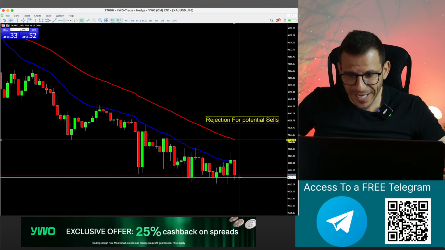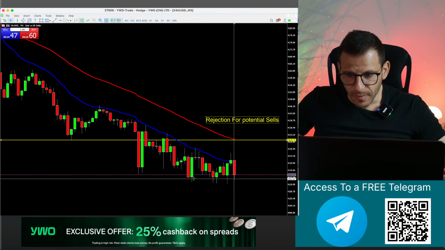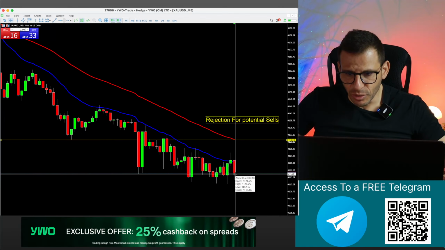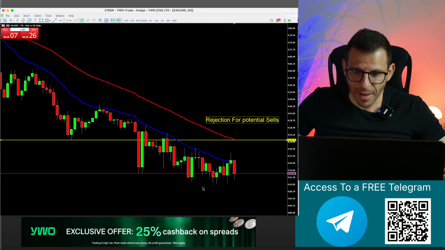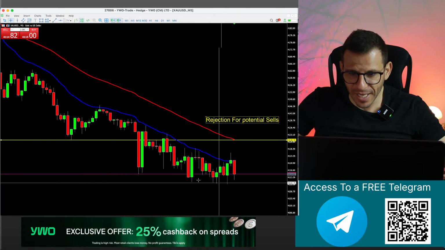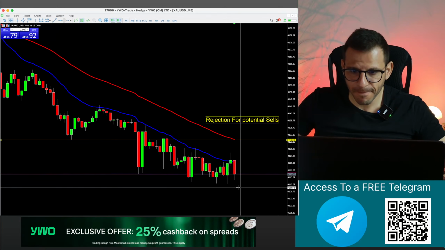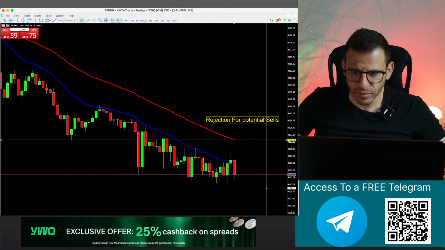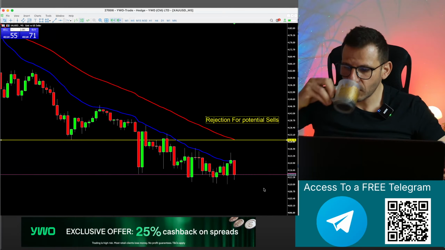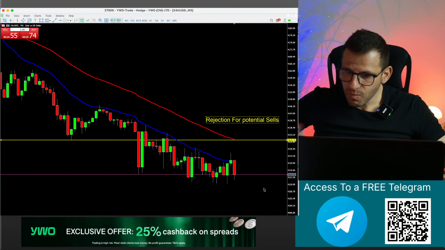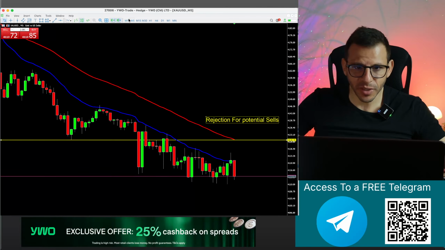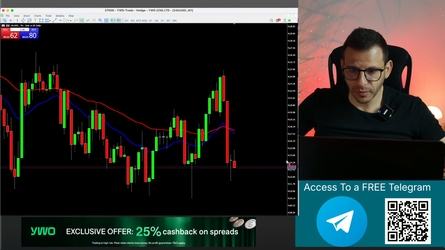There is a high chance, if we remain like this, to see a push to the upside, because this kind of built a support, this level here. In 3 minutes, this candle will close.